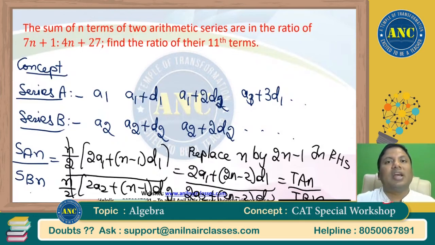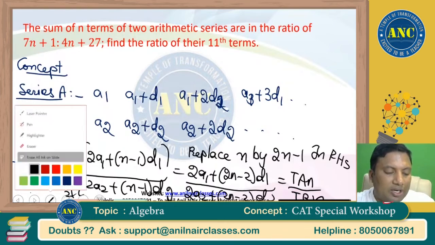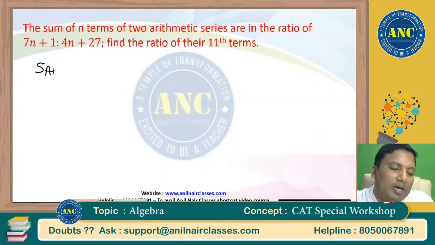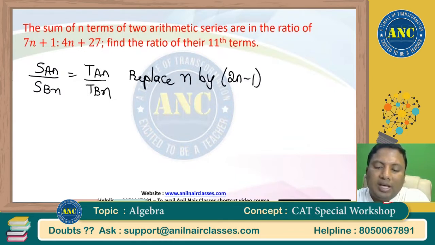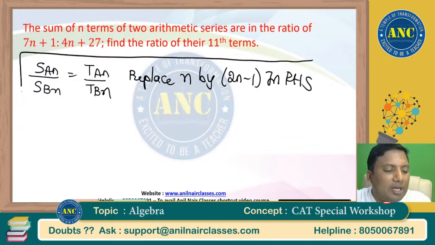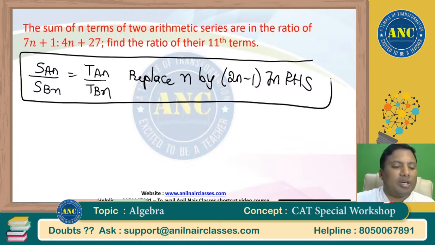Write down this point: SAn by SBn becomes TAn by TBn if I replace n by 2n minus 1 in the right hand side.